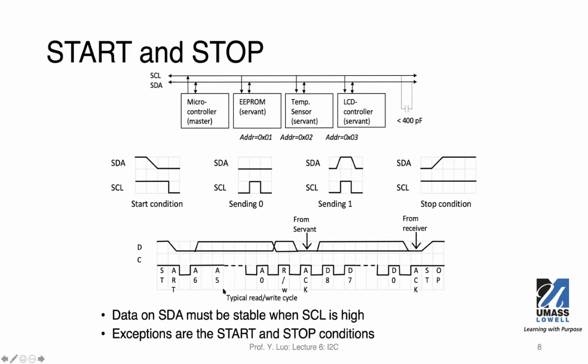So if we have, let's say, 0, 0, all the way to 0, except the very least significant bit, which is a 1. Can you tell me which one of these ICs should respond?